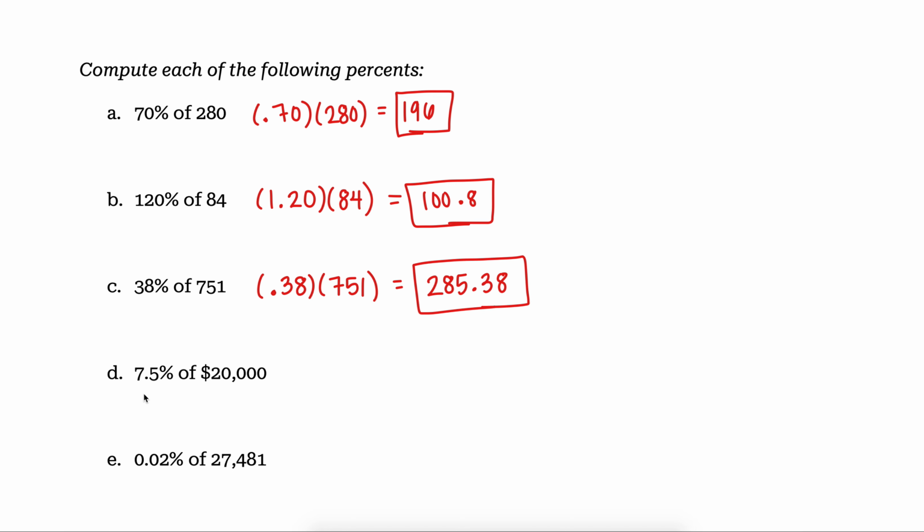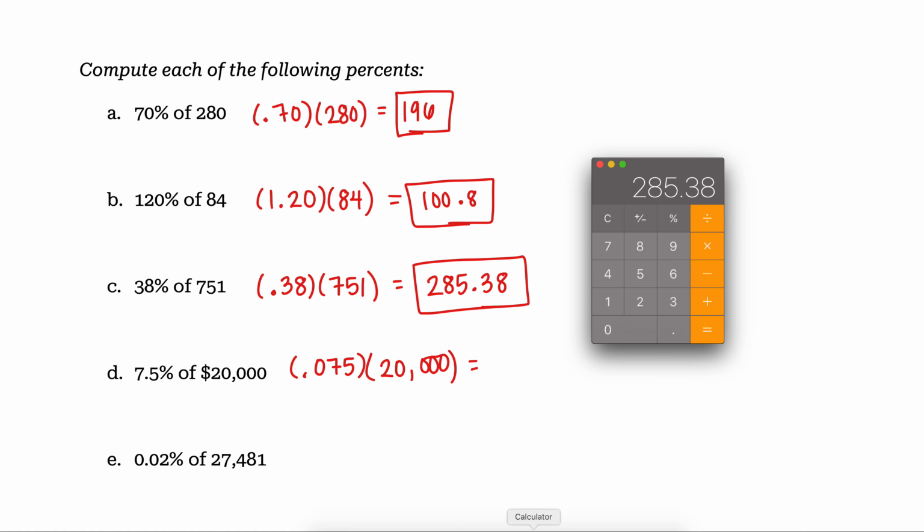The next one, 7.5% of 20,000. So dividing by 100, which again is the same as moving that decimal point 2 places to the left, you get 0.075, and you're going to multiply that by the $20,000. So here we're dealing with dollars, a percentage of dollars, so our answer is going to also be in dollars. So we get $1,500.